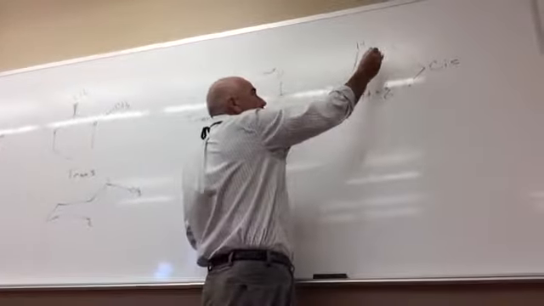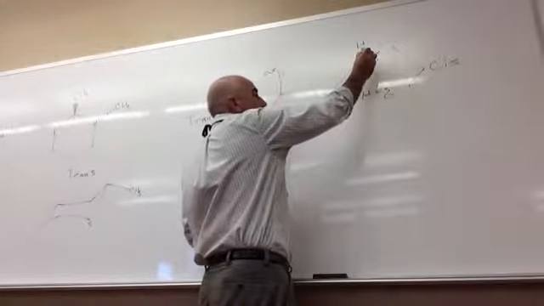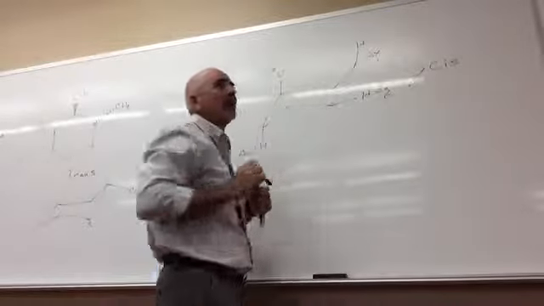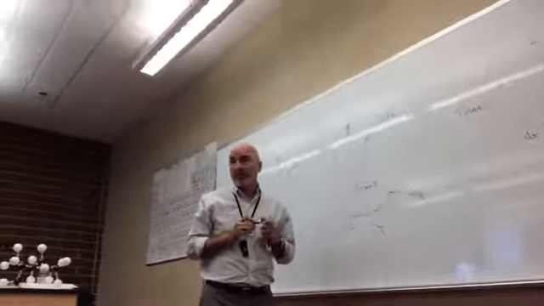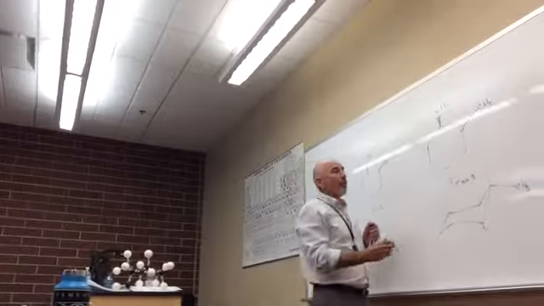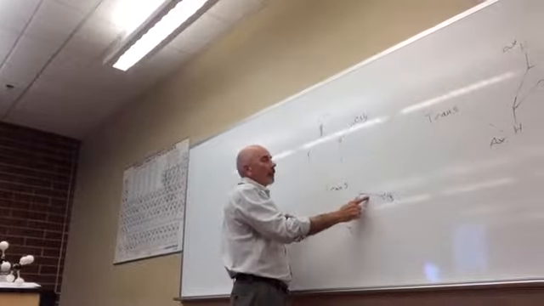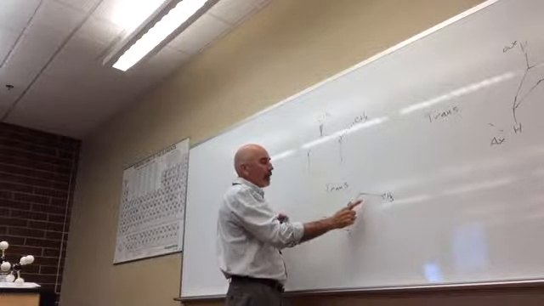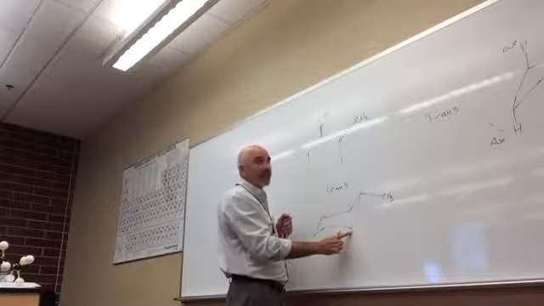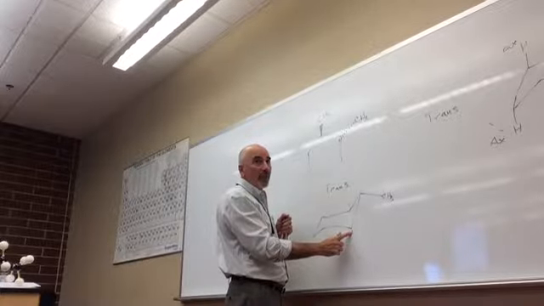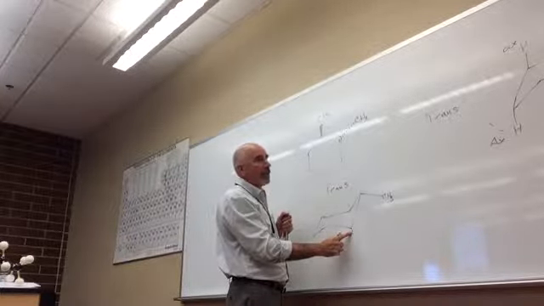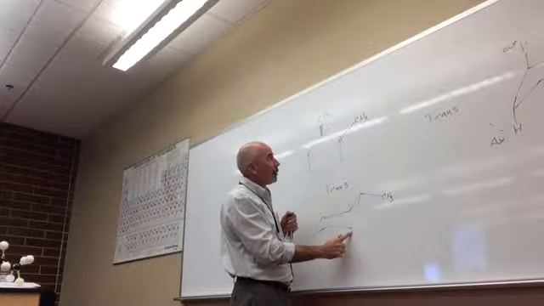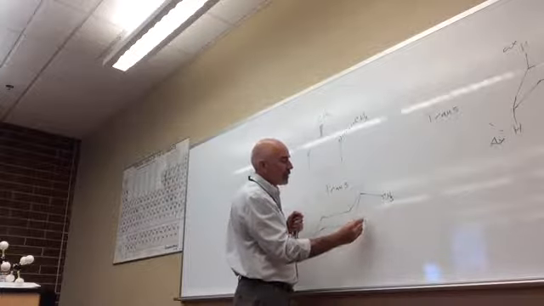If I'm walking around a ring, and I go from axial to equatorial, or I go from equatorial to axial, it's cis. So if it's cis, it would be axial, but it's trans, so it's equatorial.